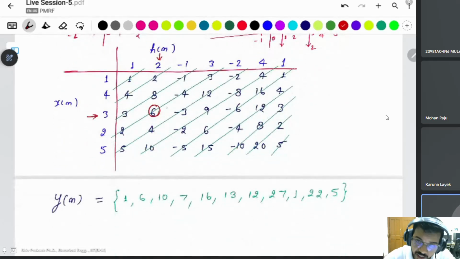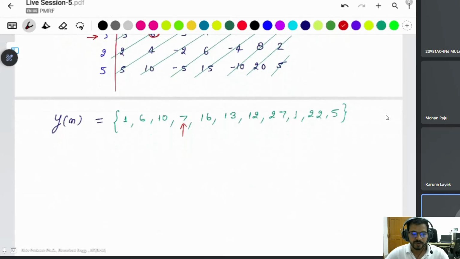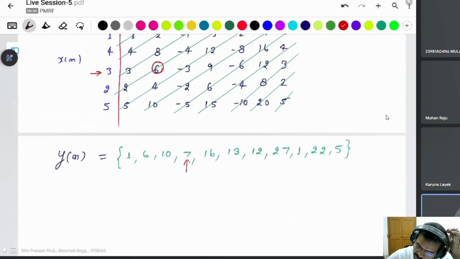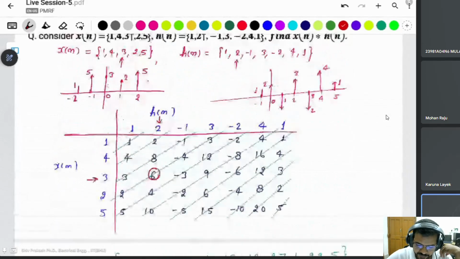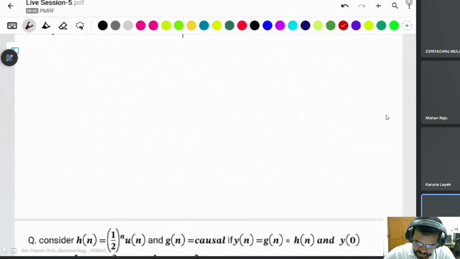Then in this line have to find the origin. This line, which one? This one, 6 plus 2 minus 4 and 3. This will be a 7. This is the origin. Okay. Simply you can find the convolution for finite duration signals like that. No need to do any shifting.